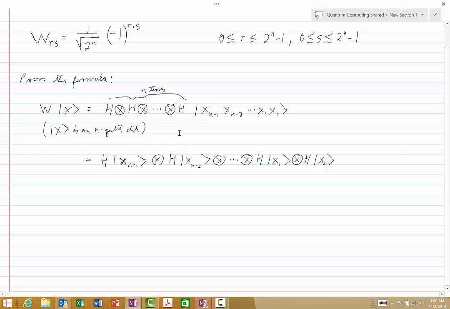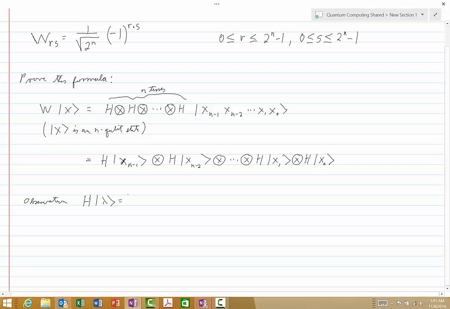Now, let's step aside for a moment and let's calculate H acting on, let's say, lambda, where lambda can be either 0 or 1.